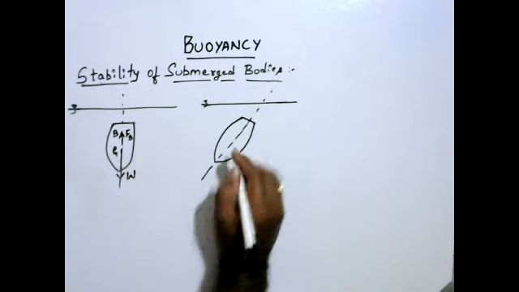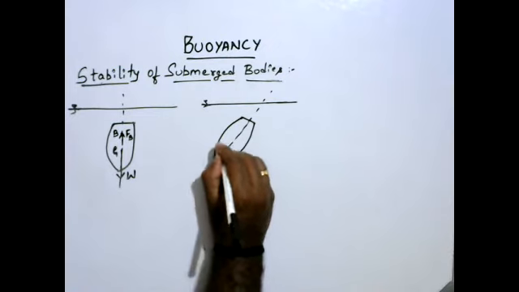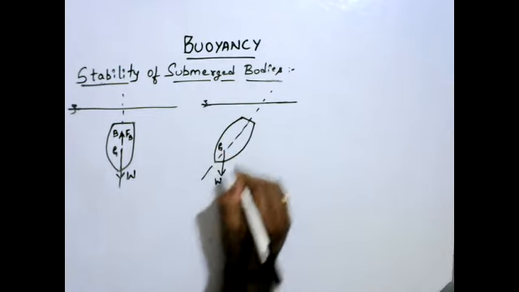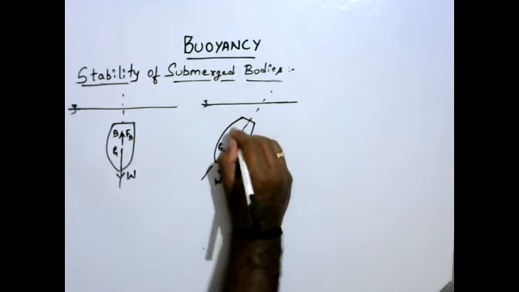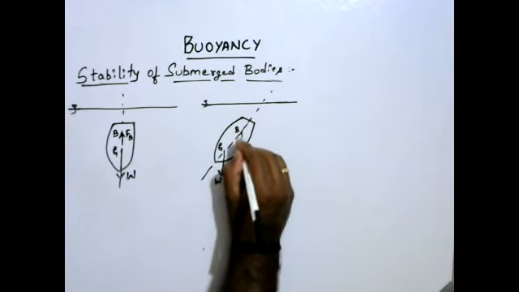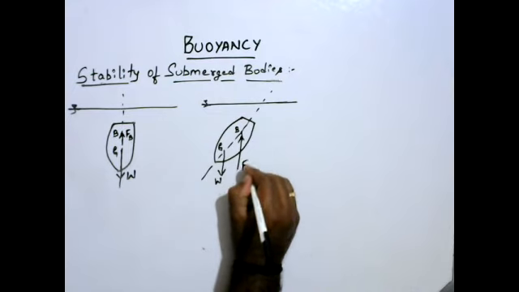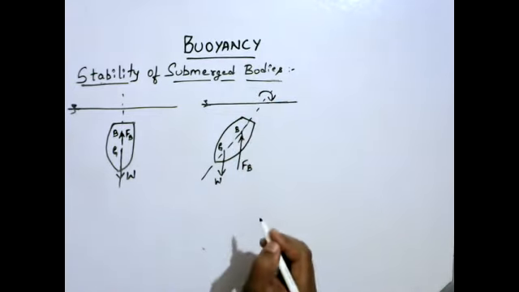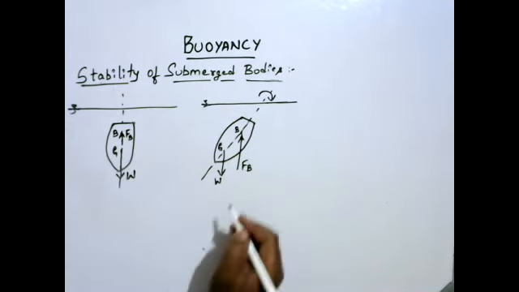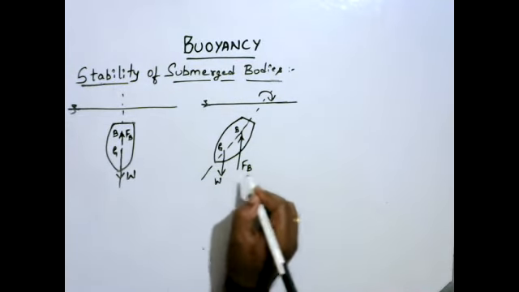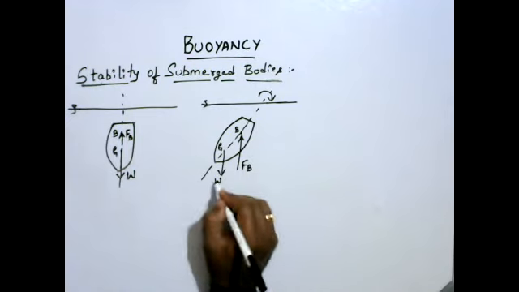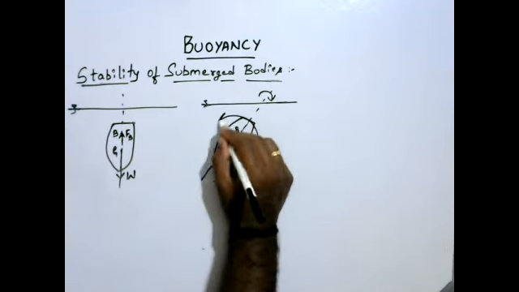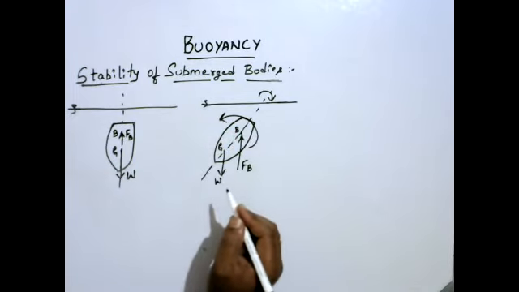Now this is the point G where the weight is acting vertically downwards. This is the point B where the buoyancy force is acting vertically upwards. For this body, I have also given the clockwise rotation. Now observe the direction of the couple formed due to the force of buoyancy and the weight. It will create an anti-clockwise moment.